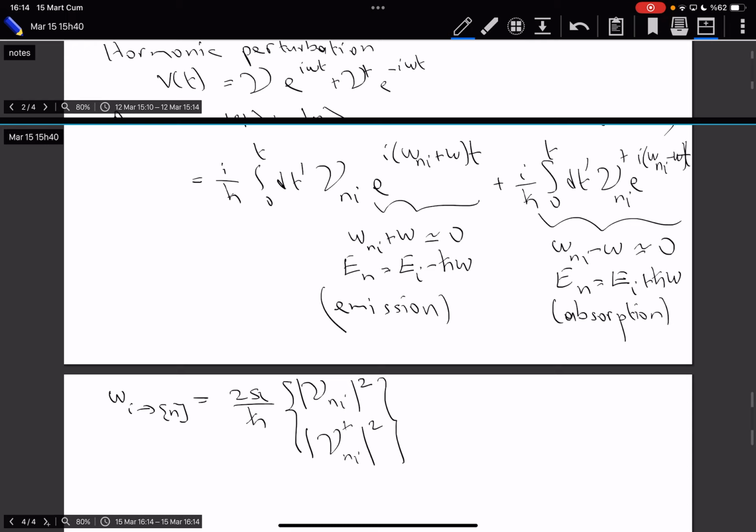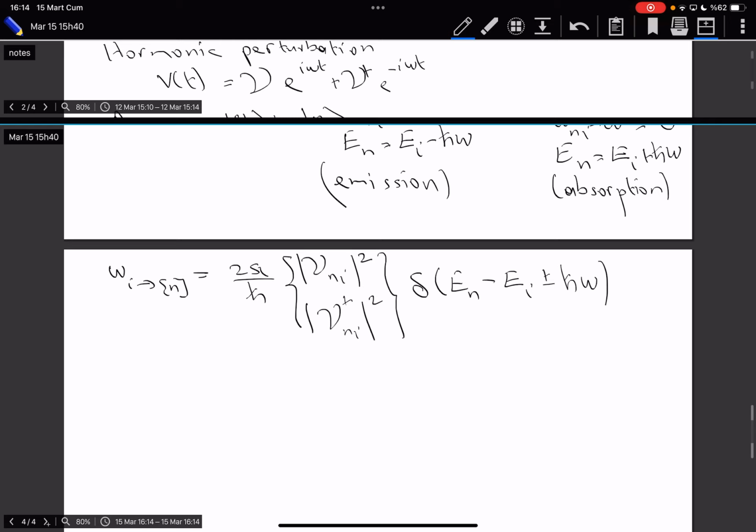The upper signs are for emission, the lower are for absorption, and then we have the Dirac delta or the density of states, whichever one you prefer. For emission, the upper sign should be plus. And again, the Dirac delta is not actually a Dirac delta, it's just the density of states, which will look like a Dirac delta in a real life situation.